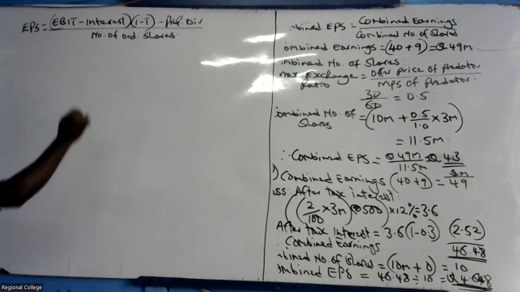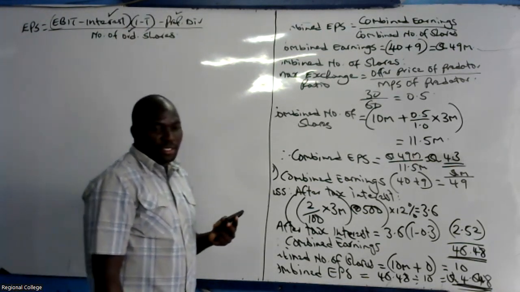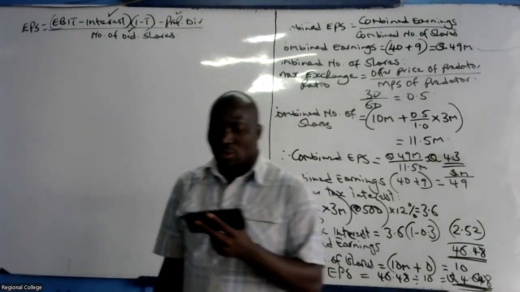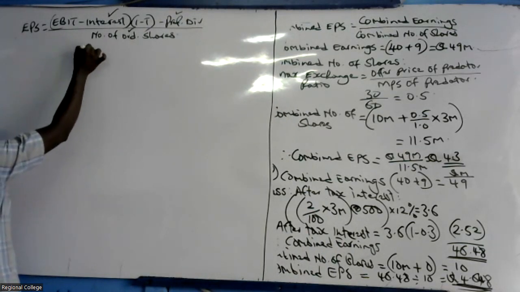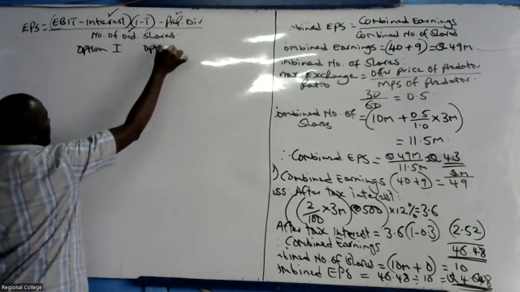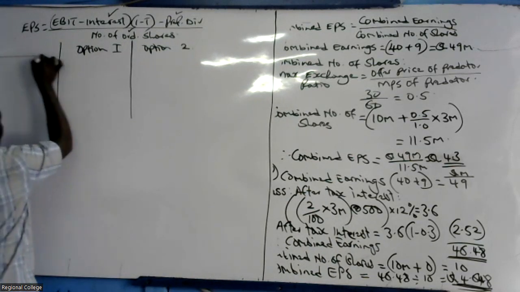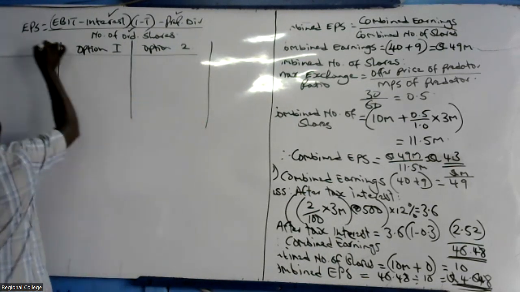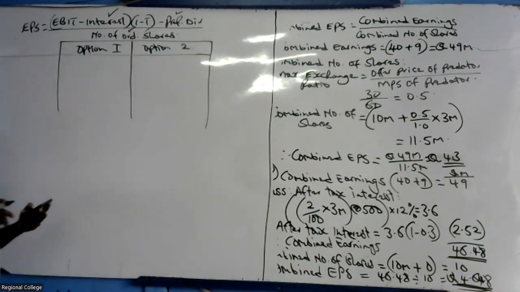We need to get interest, preference dividends, and the number of shares under the two options. So we have option one and we have option two. We can start with interest.